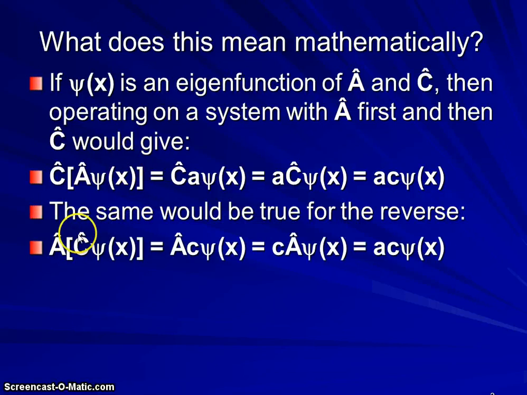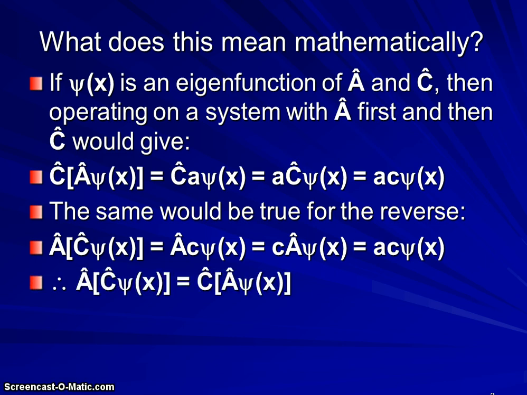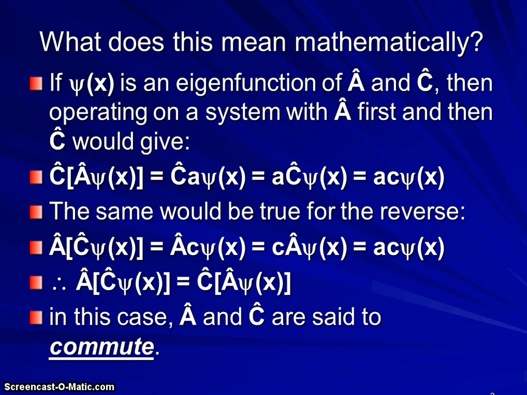We operate first with C, we get eigenvalue C, we pull that out front, we operate with A, we get A times C times the original wave function. So if both operators have the function as eigenfunctions, then order of operation doesn't matter, and those operators are said to commute with one another. Those operators correspond to observables or measurables that can be known about a particular system simultaneously.